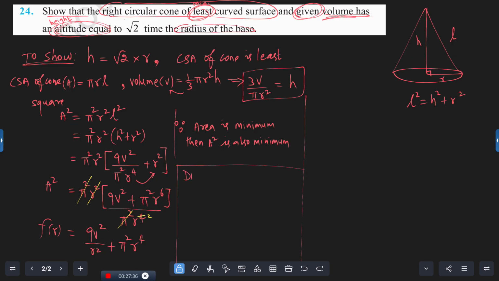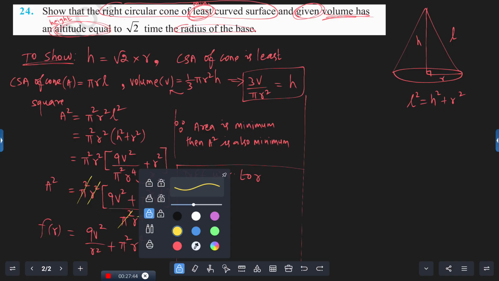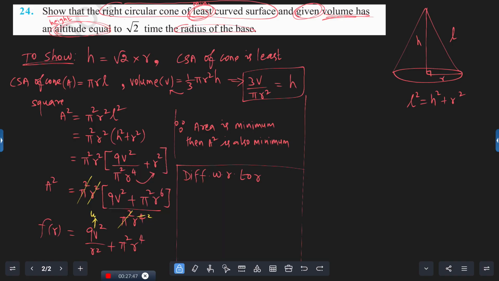Now differentiate with respect to R. So what is the variable here? Sorry, V is constant. Why is V constant? They said volume is given. A given value you should take as a constant, already we have discussed. Right. Now when I differentiate, what am I getting?